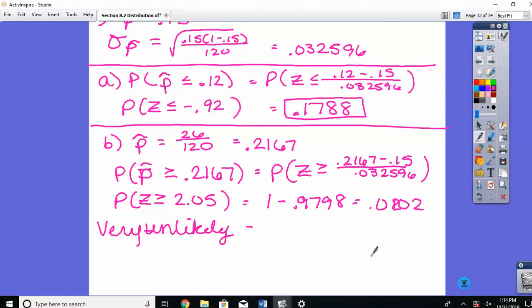A couple things I want to stress here. You have got to show me work on these, because how you round this p hat will actually give you a different number down here. Like if I rounded this to 0.217, I actually come out with like 0.0198. If I did 0.21667, I get something slightly different.